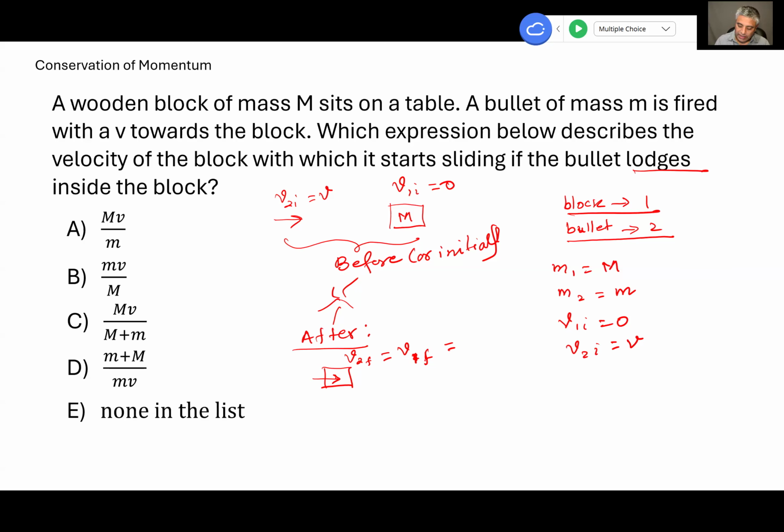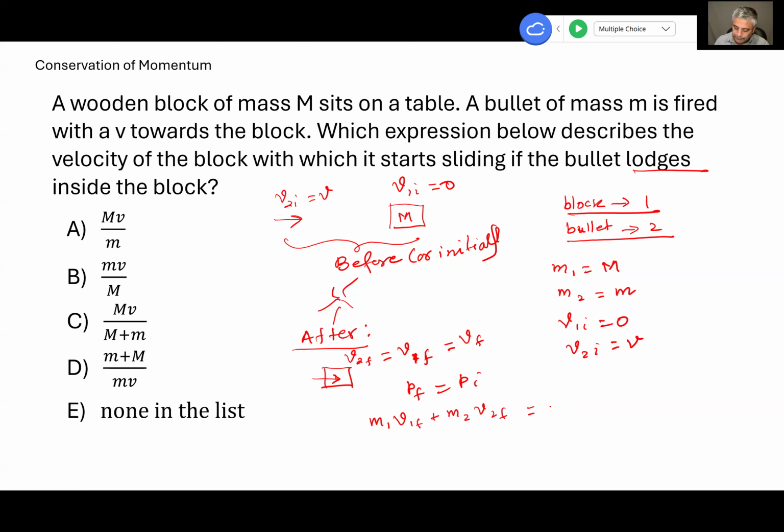So we can just write VF, because after lodging they are moving with the same velocity, right? So once we have that, we can write conservation of momentum, PF equals PI, expand that. So M1 V1F plus M2 V2F. So total final is equal to total initial.